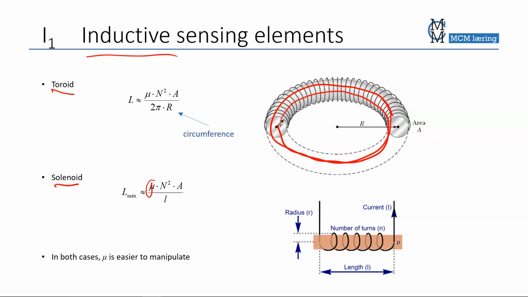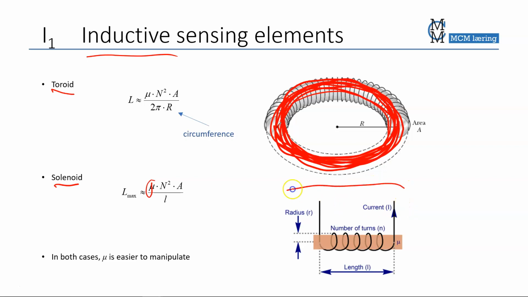And those are really effective because if you have a core that touches at the end, like in a circle, in a ring shape, that will create a good path for the magnetic field all the way around the inductor. A solenoid is a linear shaped inductor with the core inside it, but of course it's easier for the linear solenoid to insert and take out the core from the inductor.